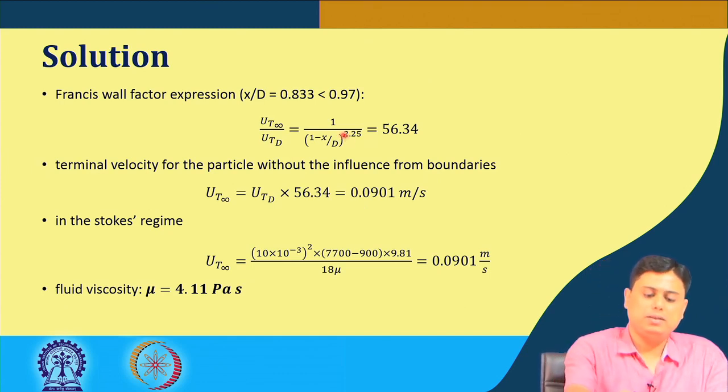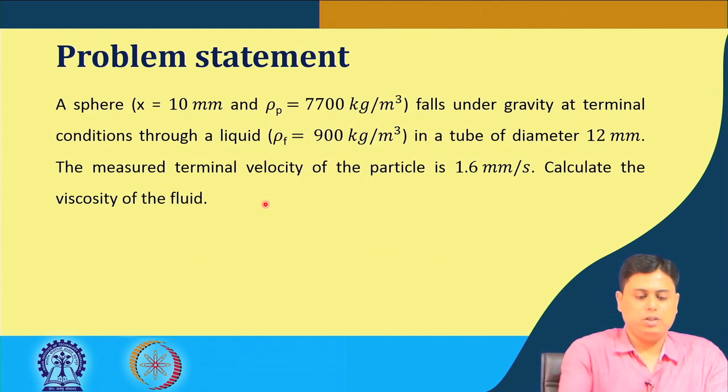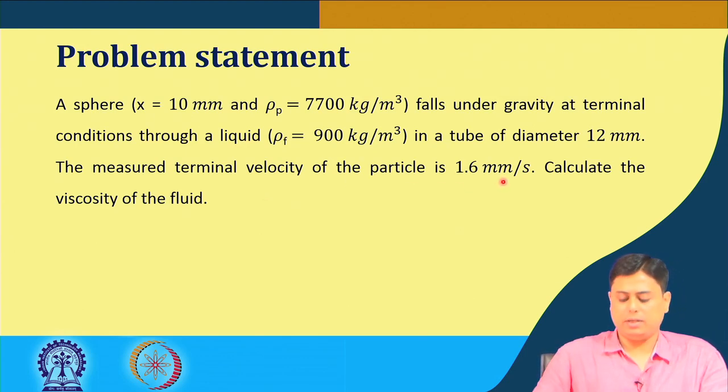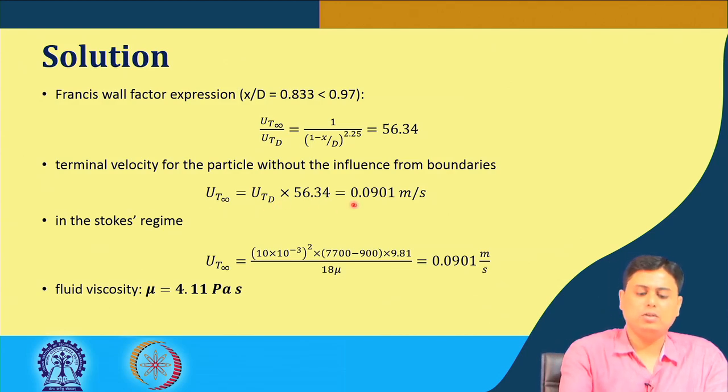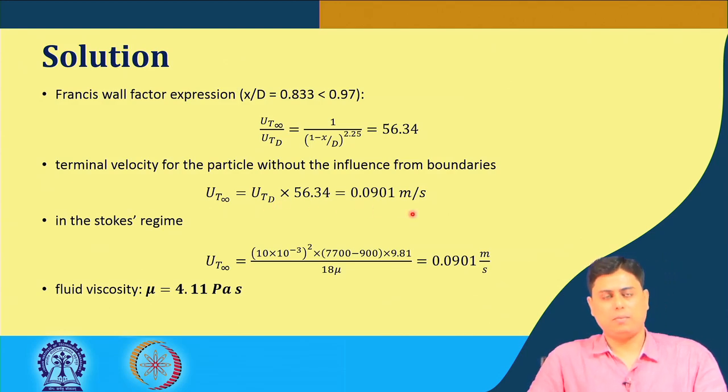If we replace the numerics here, we get this factor as 56.34 multiplied by this UTD, which is 1.6 millimeter per second. We have to convert this to meter per second and then multiply to get the unit as meter per second. So by this step we have calculated the free fall velocity or the terminal velocity in an infinite pool of liquid.